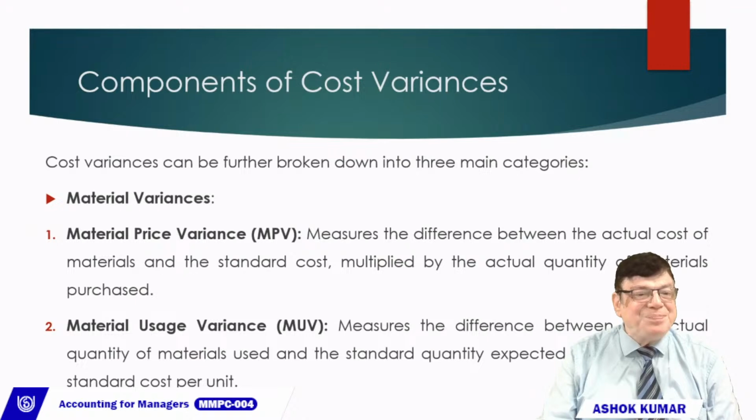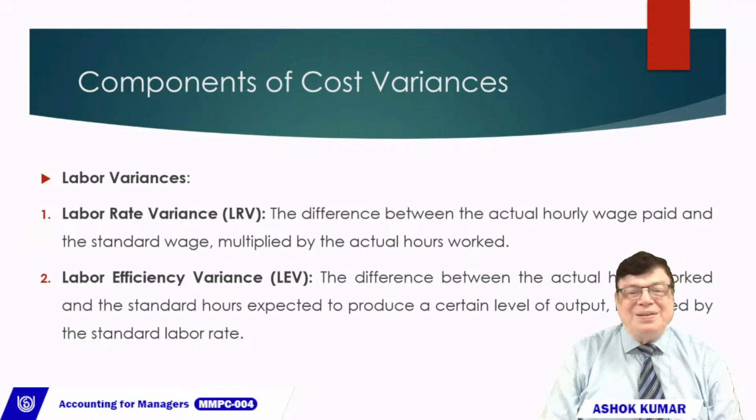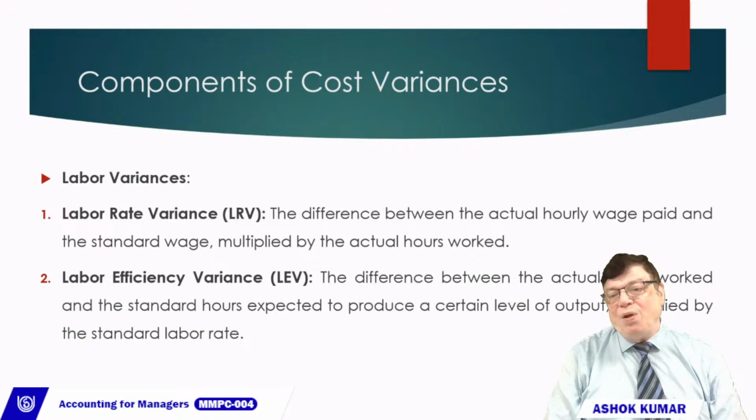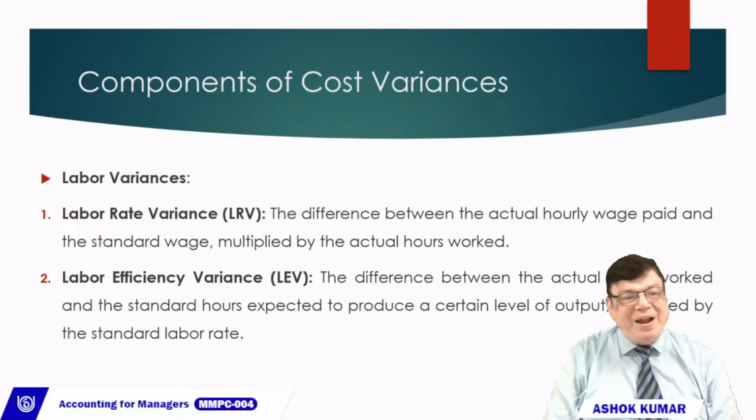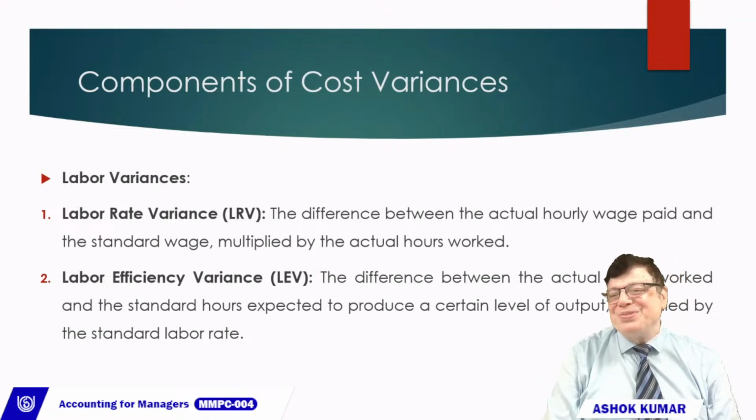Next is labor variance, labor rate variance. Labor variance means labor rate variance, LRV. The difference between the actual hourly wage paid and the standard wage, multiplied by the actual hours, that is our labor rate variance.